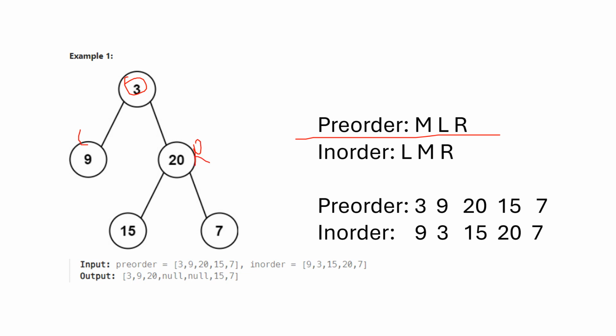This is the pre-order, and in-order is: come to the left first, then the middle, then back to the right.